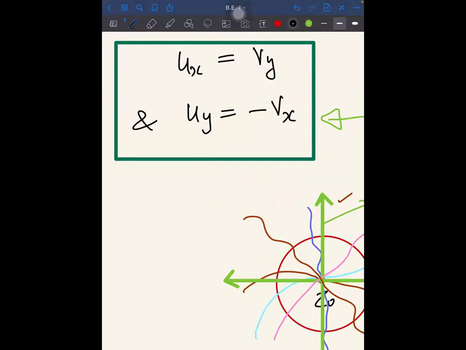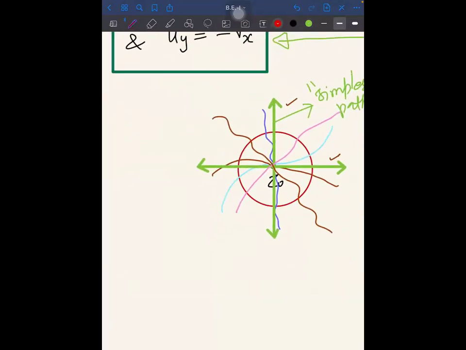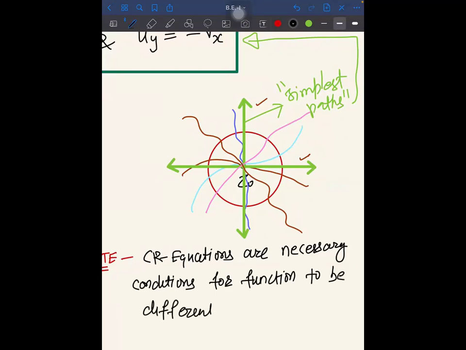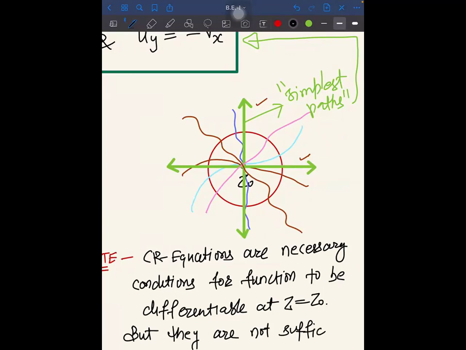So note: CR equations are necessary conditions for a function to be differentiable at z equal to z0, but they are not sufficient.